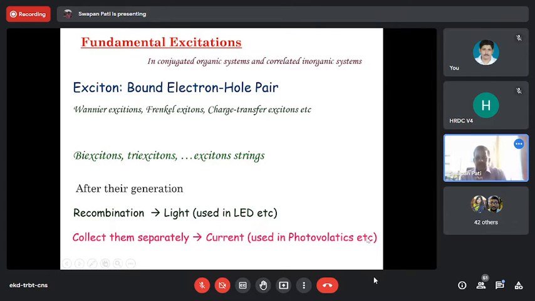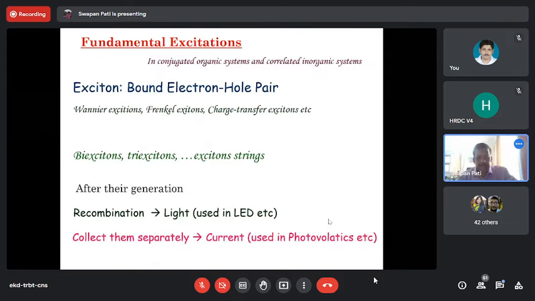So if these excitons recombine, you get light. If you can take this electron and hole to different electrodes, you get current in the outer circuit. That is photovoltaics. You create the exciton through light, and you can collect the electron and hole in the outer circuit to get current.